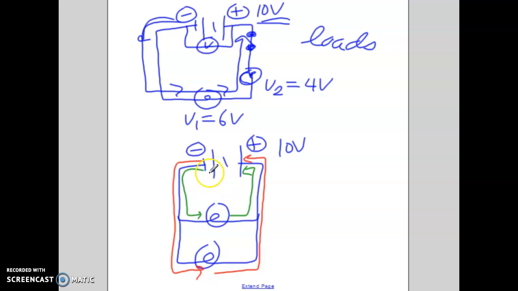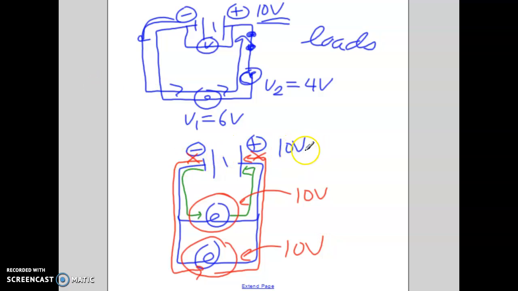But if you follow the green loop, there's only one load that those electrons pass through. If you follow the red loop, there is only one load that those electrons pass through. So if the battery difference is 10 volts, there's only one load for that energy to be used up at.